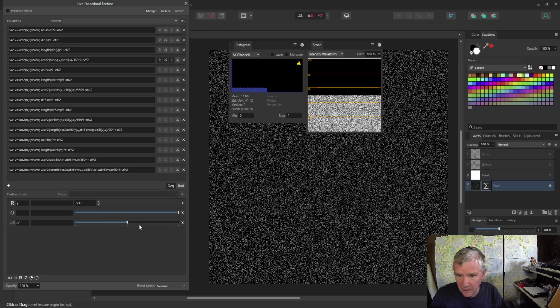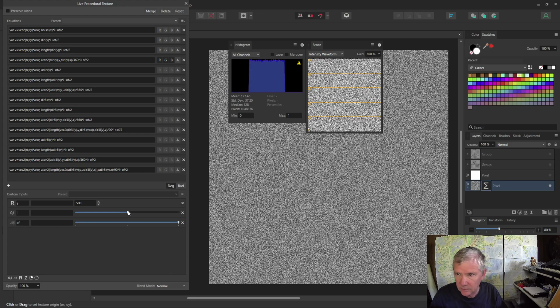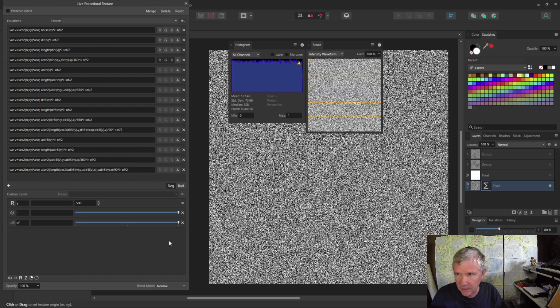And if I move this over like that, then I get a uniform distribution. So that tells me that the angle is going from minus 180 degrees to plus 180 degrees with a uniform distribution of that angle. Okay, so that told me that bit of information.